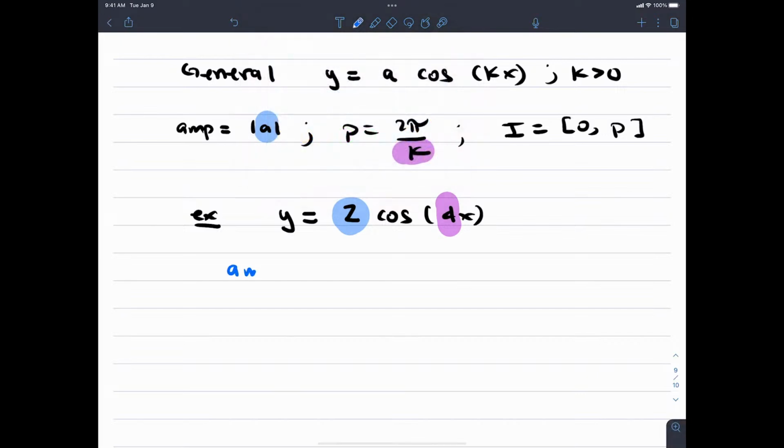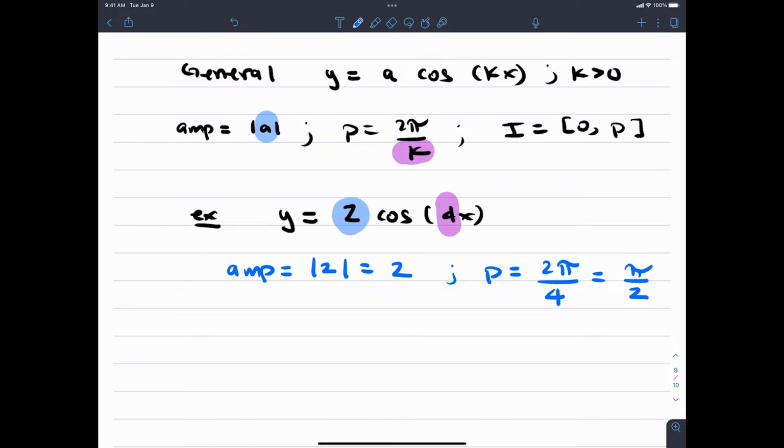So could you guys tell me what the amplitude is? Well, it's the absolute value of 2, which equals what? 2, so you're okay with that. Good. What's the period going to be? 2 pi over k. What's k? Is that 4? What is this reduced to? Is that pi over 2? Okay, you guys okay with that?